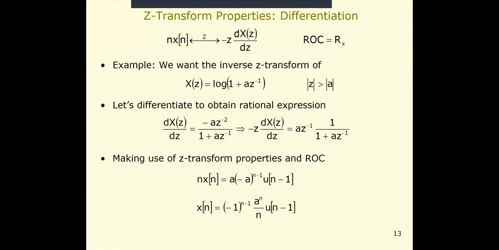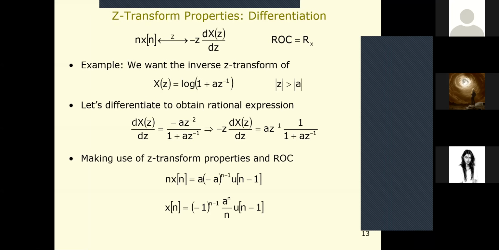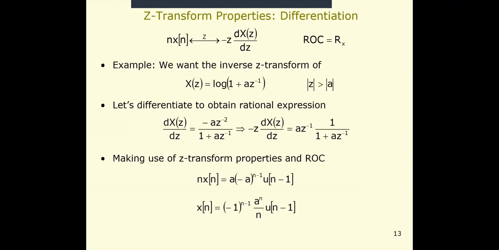This is a tricky example, really, and to solve it you have to use the derivative property. When we talk about log or ln, they are the same, with the difference only in the bases.